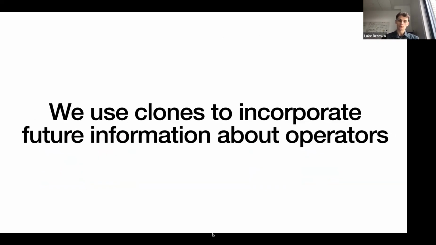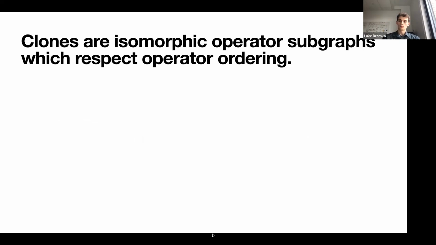So we use clones to incorporate future information about operators. We define clones in a type 3 clone way, if you're familiar with the code clone detection literature. We define clones as isomorphic operator subgraphs which respect operator ordering. Operator ordering being that arguments to a given operator must be in a specific order.